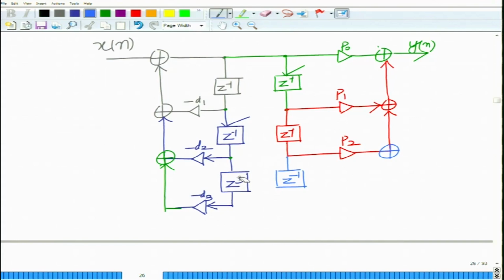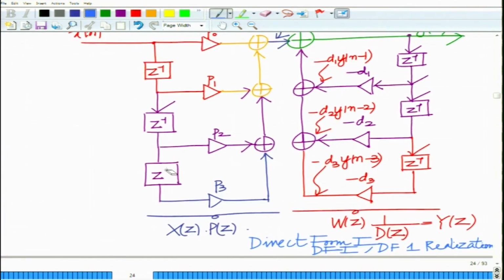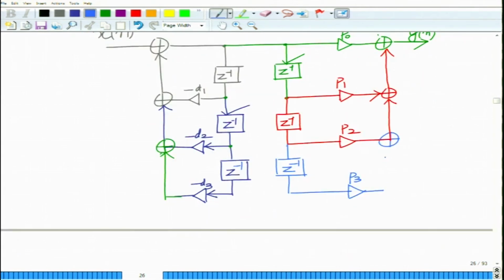This has to be Z inverse multiplied by, let me just check the delay elements, this has to be, I am sorry, again Z inverse, okay. And therefore now you multiply this by P3, okay.